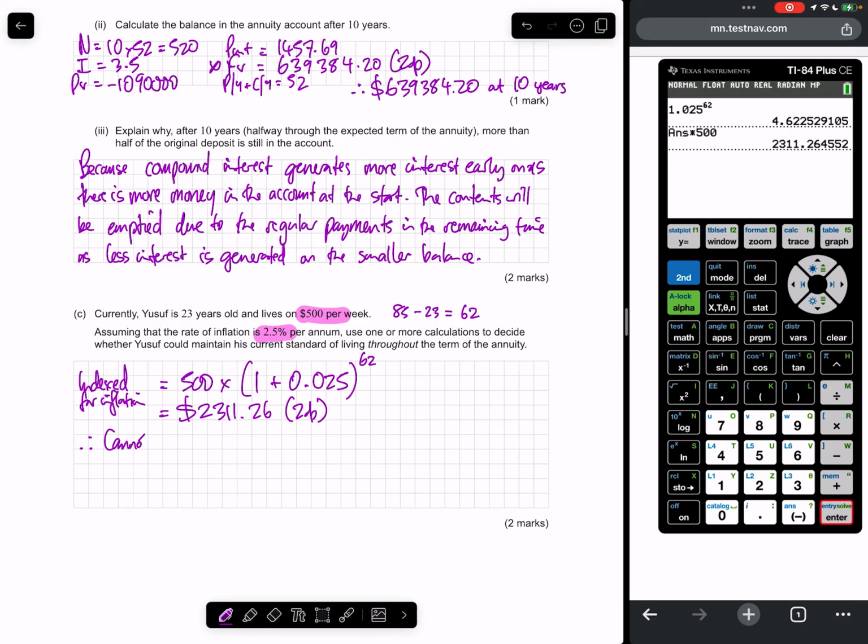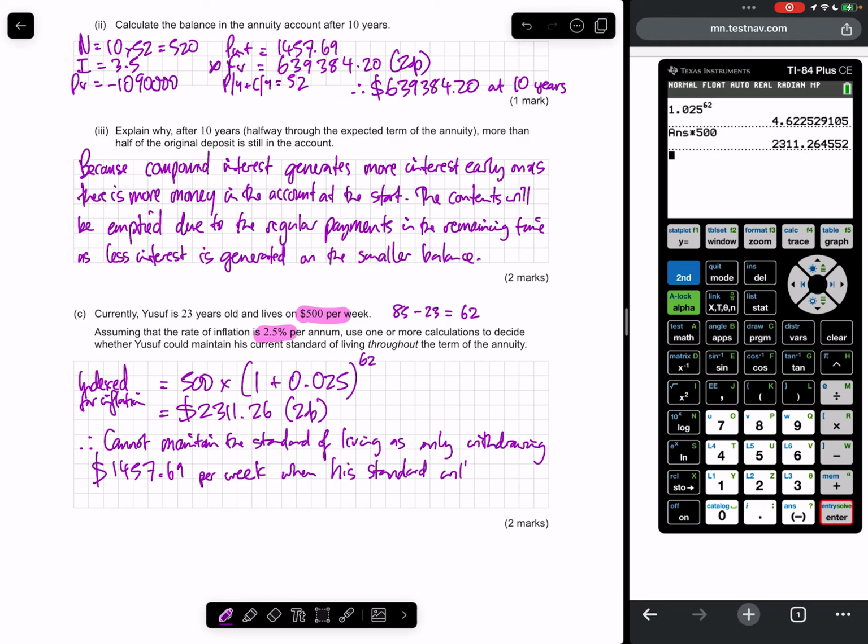Therefore, he cannot maintain the standard of living only with drawing $1,457.69 per week, when his standard will cost $2,311.26 per week towards the end.